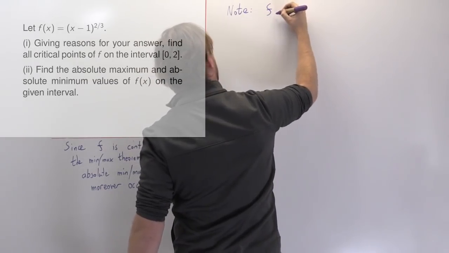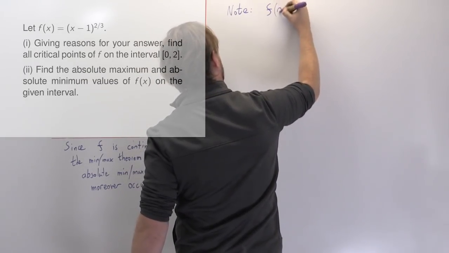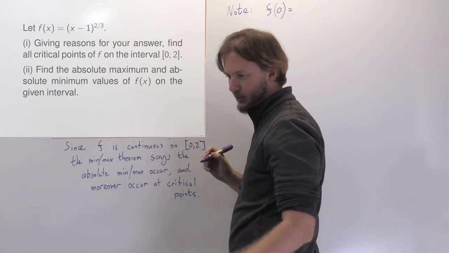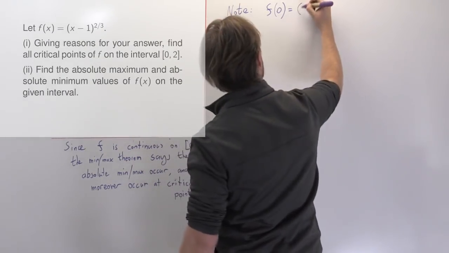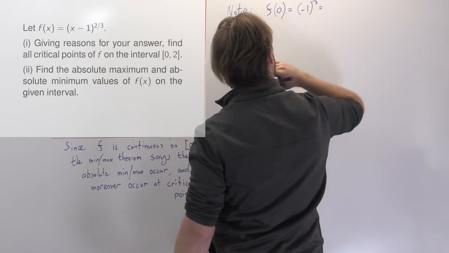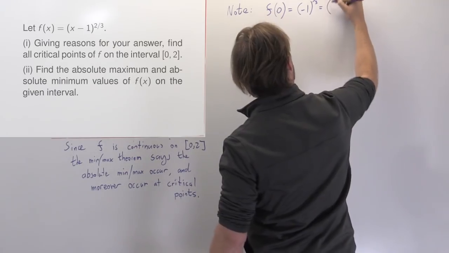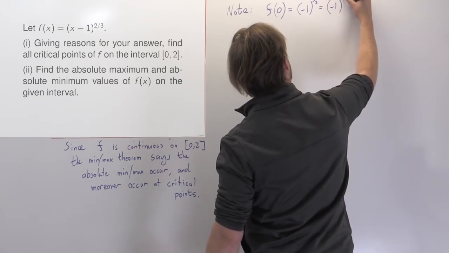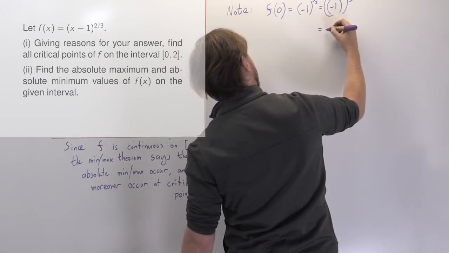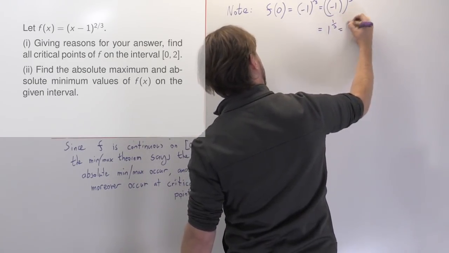So the first critical point we had was f of 0. If you put in f of 0, you get minus 1 to the 2/3, which I might rewrite as minus 1 squared to the 1/3 power. That is 1 to the 1/3, which is 1.